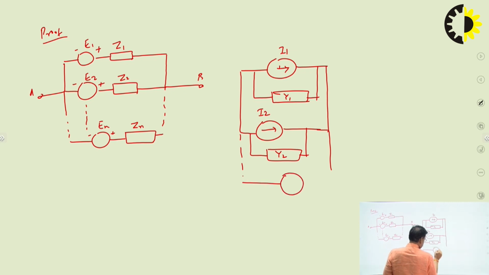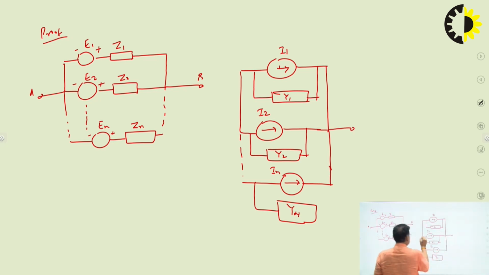This can be written by simple source transformation, up to Yn and this is your In, and these are the two terminals, say A and B. So, what I have done is just a source transformation of each voltage source with its impedance.